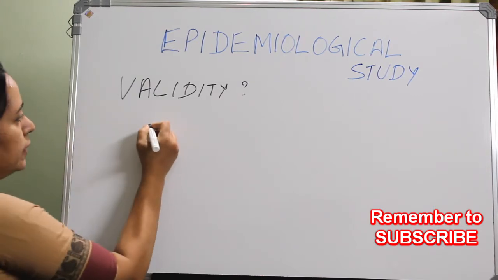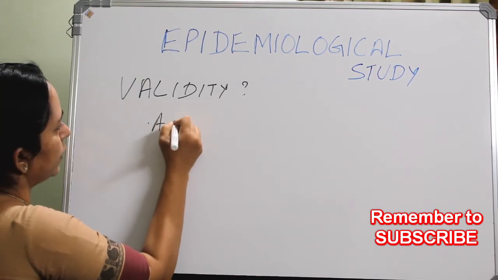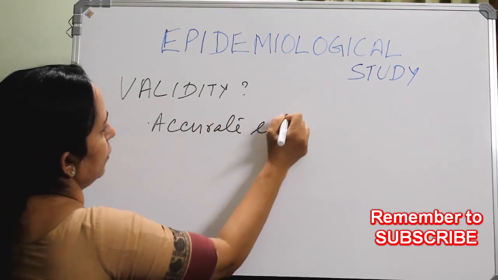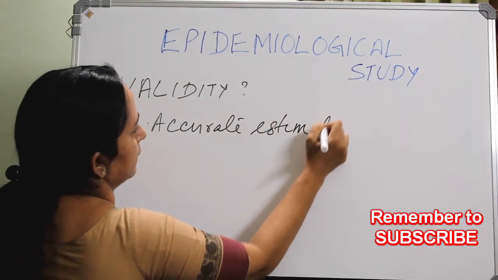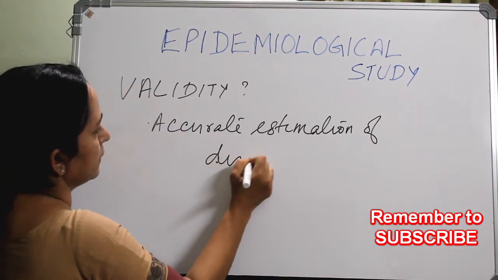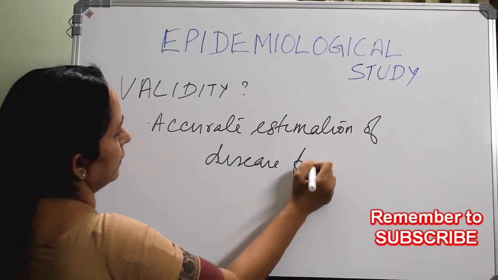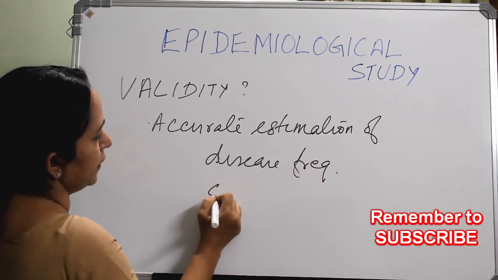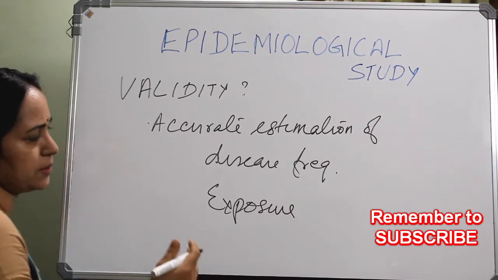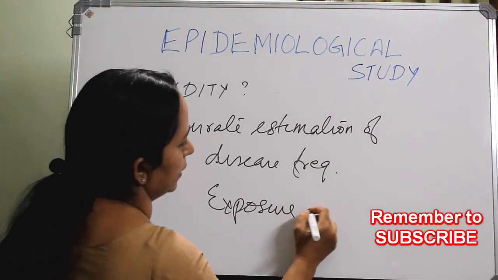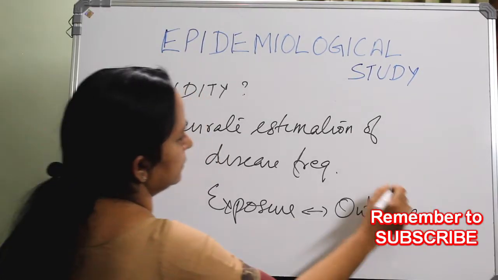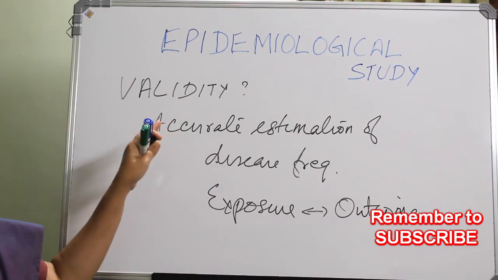So the accurate estimation of either disease frequency, or the effect of exposure on outcome, or the association between exposure and outcome. For any study, this is one objective.